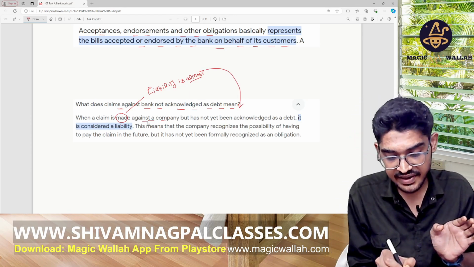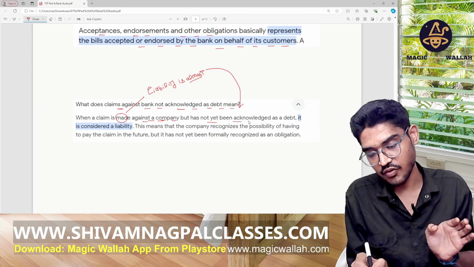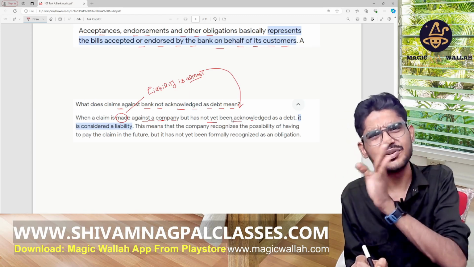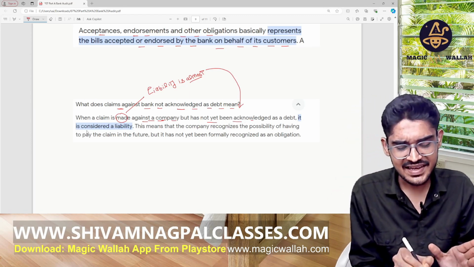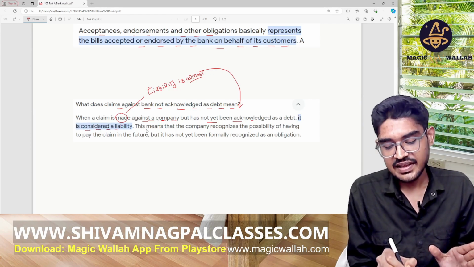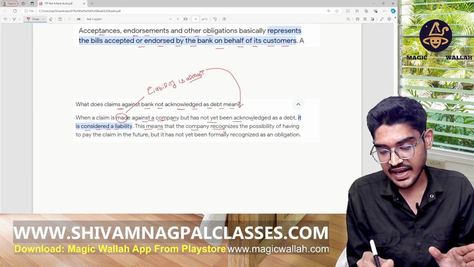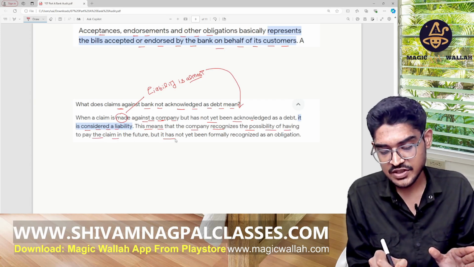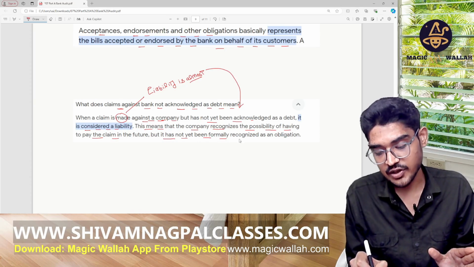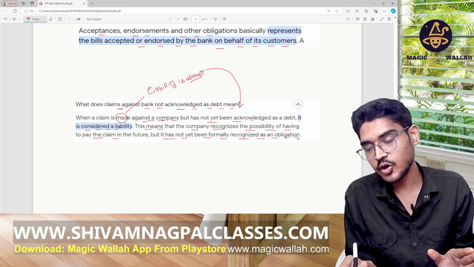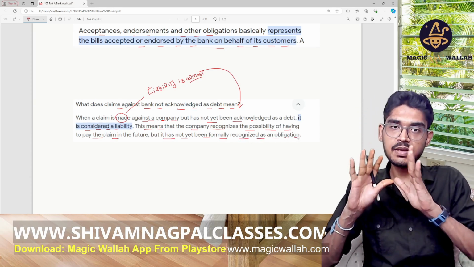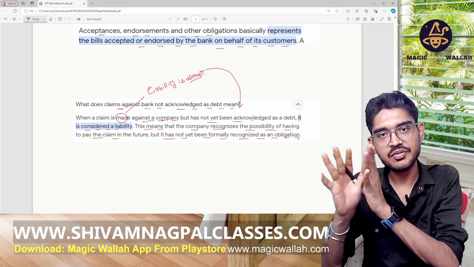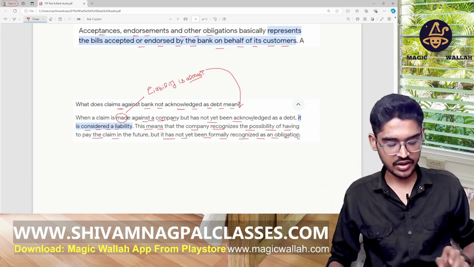The liability arises but has not been acknowledged till now. We have to pay in the future. This is a contingent liability. This means the company recognizes the possibility of having to pay the claim in future, but it has not yet been formally recognized as an obligation. This is not an obligation, but can be paid in future. These are contingent liabilities. In the future, we have to pay. Okay.